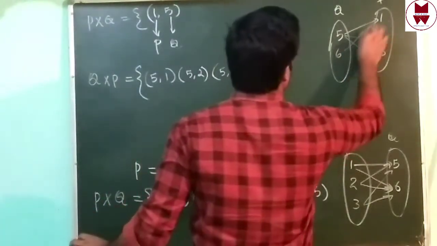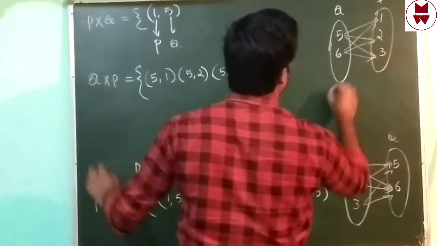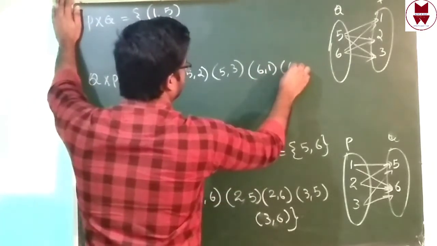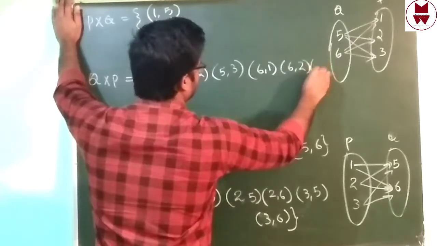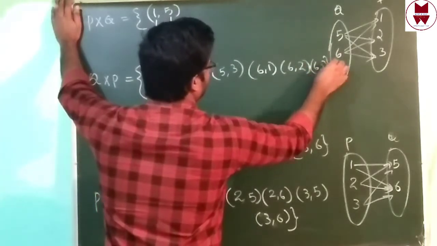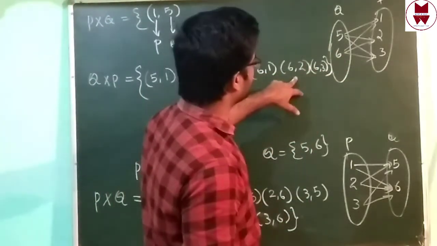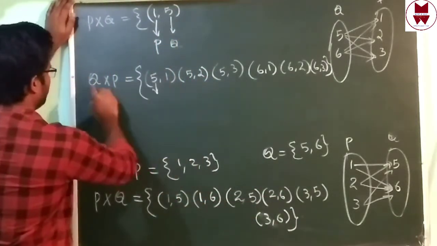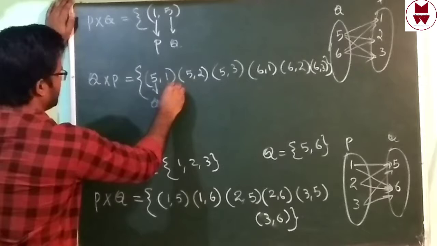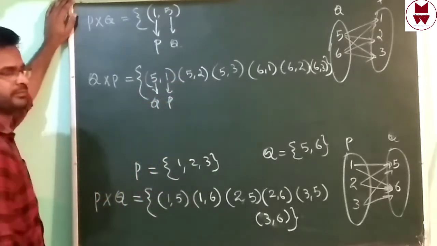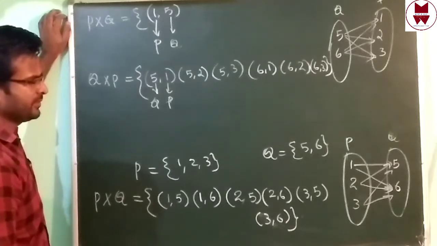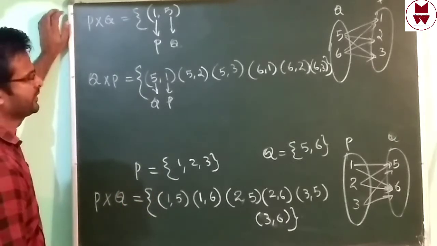Then from 6 also: (6, 1), (6, 2), (6, 3). That means this 5 is from Q, 1 from the second set P, like that only. Then this is known as the Cartesian product.